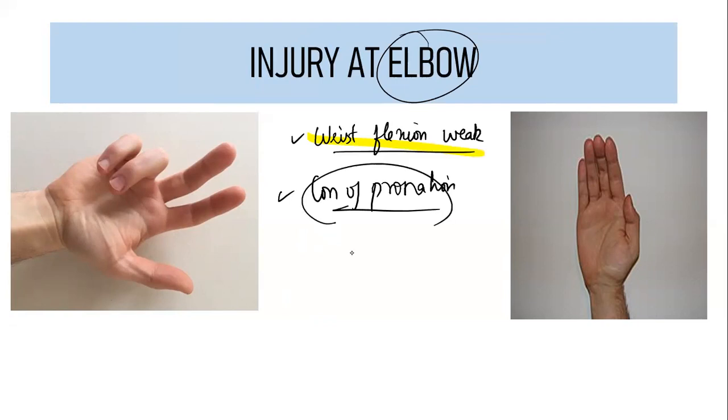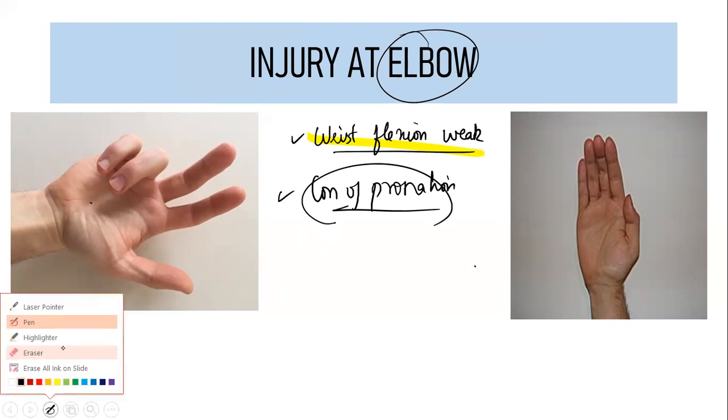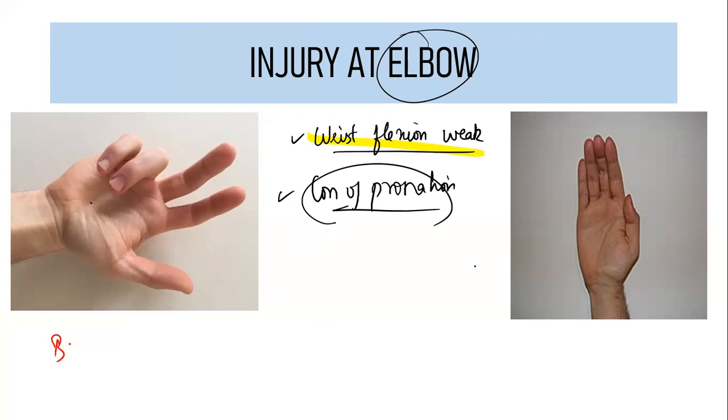Then, most important, I have put 2 pictures here. This phenomenon is called benediction deformity. What is this benediction deformity? A very important picture. Now, when a person is trying to make a fist, when he is trying to flex his fingers like this, that is called making a fist, right?